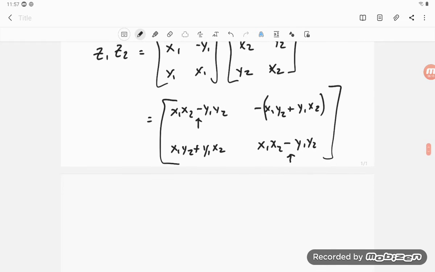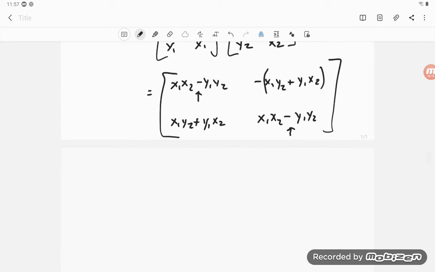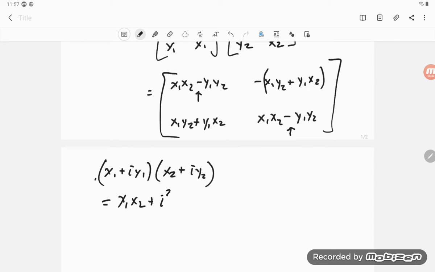If we want this to match up, even if you had not decided that i was the square root of -1, if I simply take x1 plus i y1 times x2 plus i y2, when I multiply those together I get x1 x2, plus i squared y1 y2, and then plus an i times x1 y2 plus x2 y1.